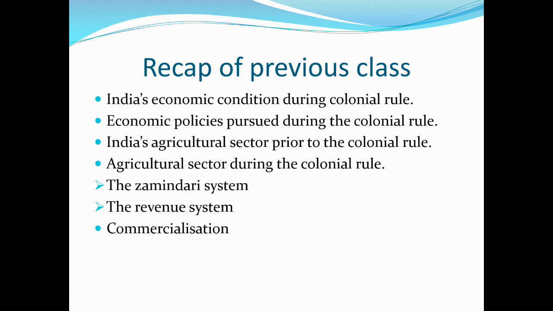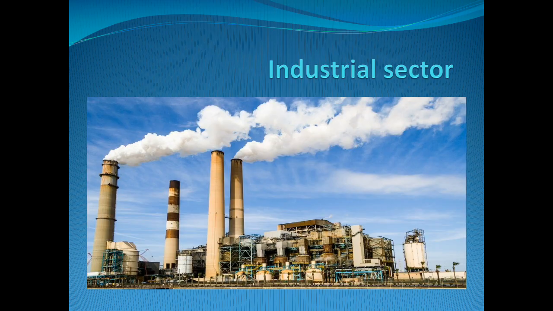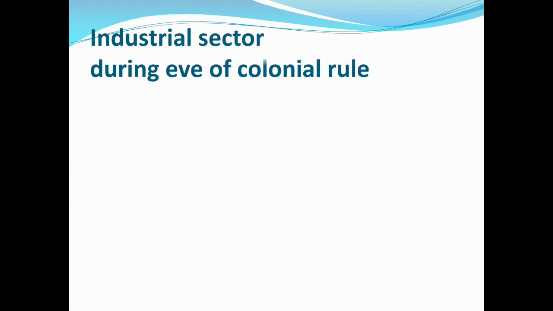Okay, girls. Now, moving on to the next slide, it's about the industrial sector. We have previously studied the agricultural sector, and now we are moving on to the industrial sector. Here, industrial sector on the eve of colonial rule. Again, you need to understand how the industrial sector was motivated or pushed down, or whether there were any changes in this sector.